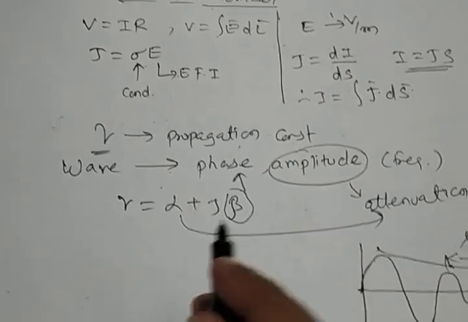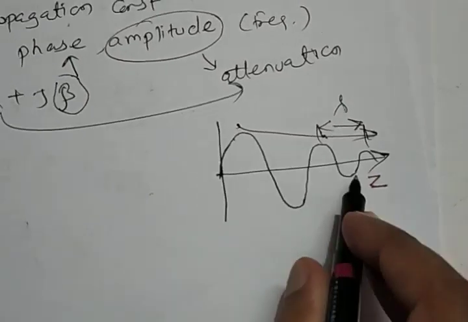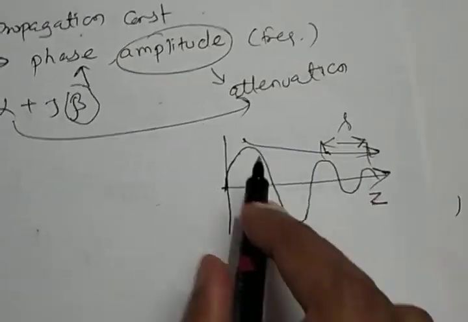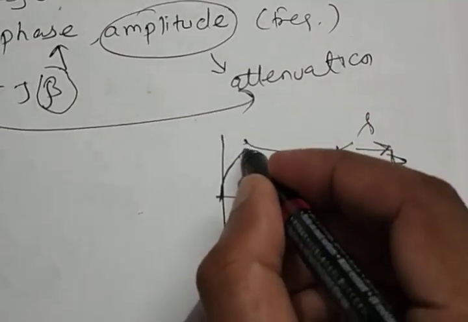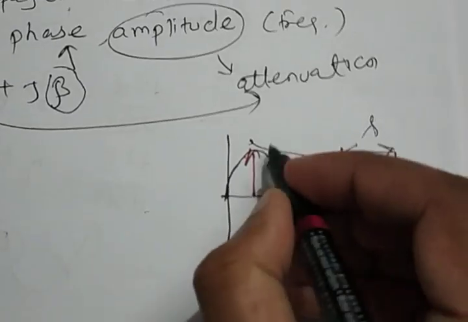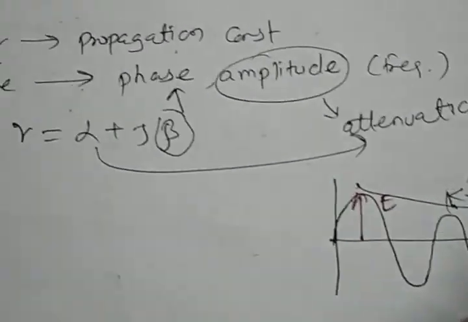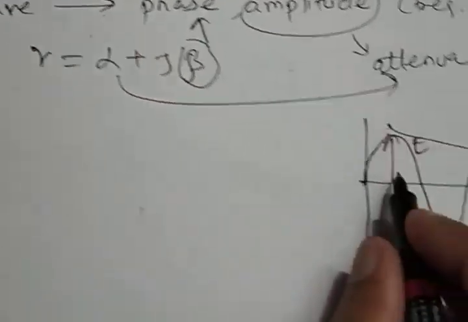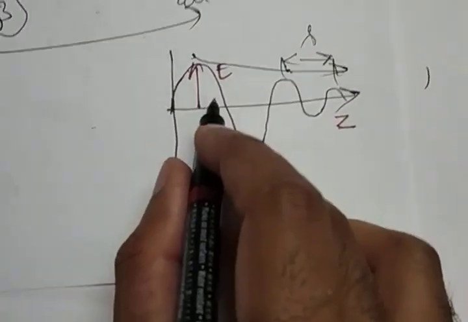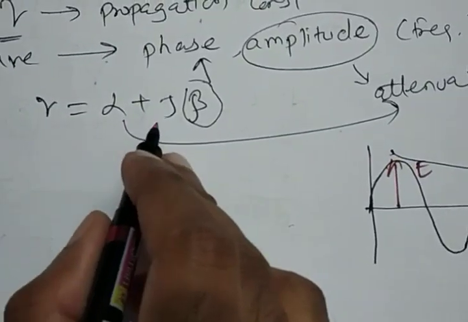Now if we consider that our wave is traveling in the z direction, so the direction of propagation is z, and this wave is exponential in nature, and say this is the front view where only the electric field intensity component is visible. Then we can write the exponential expression for this electric field intensity, for gamma equal to alpha plus j beta.